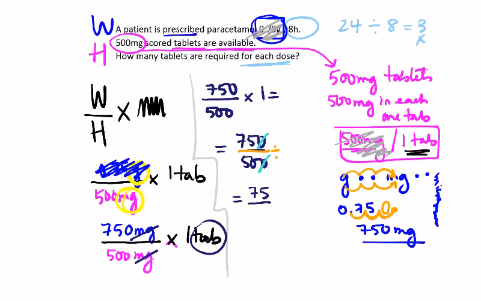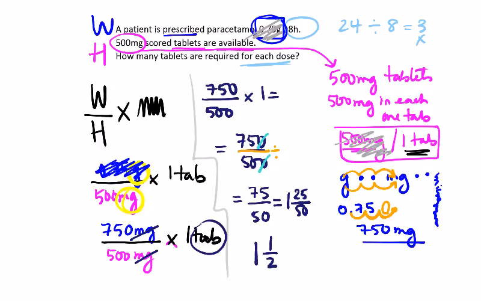And actually, you could even see the answer by yourself here, 75 divided by 50. How many 50s go into 75? 1. What's left? 25. 25 out of 50 is the same proportion as half.